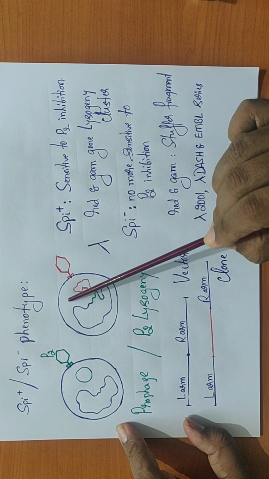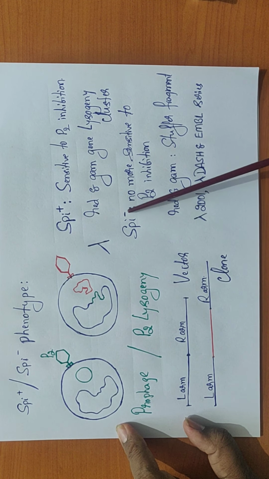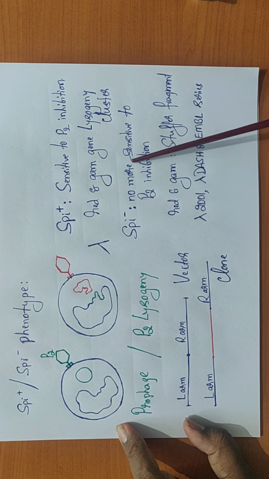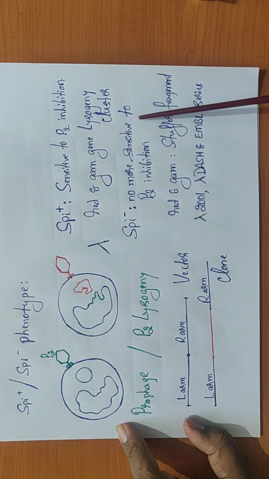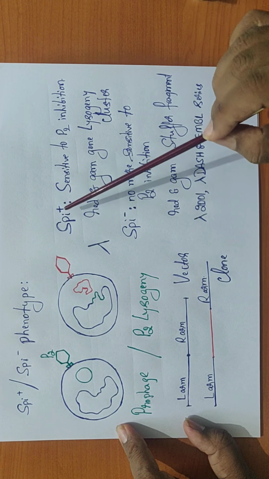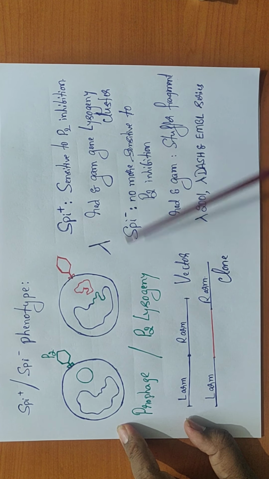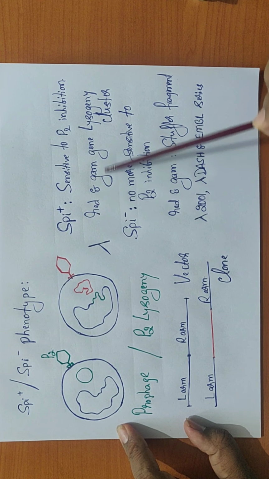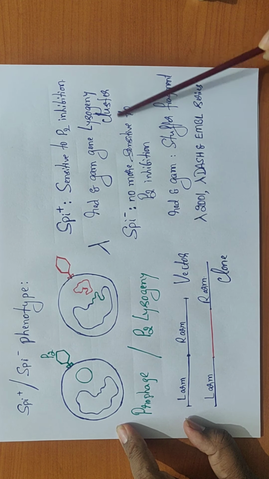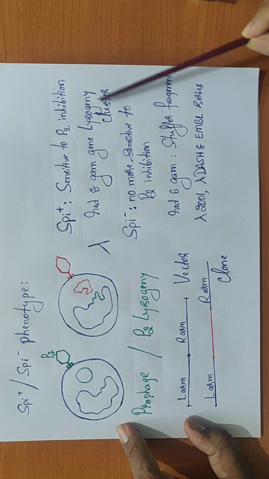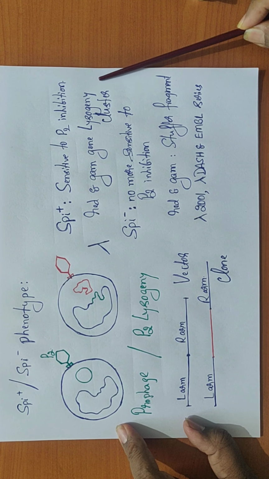That phenotype is called SPI minus, meaning no more sensitive to P2 inhibition. So between the SPI plus and SPI minus phenotypes, the critical element involved is the RED and GAM gene, which is present in the lysogeny cluster of the lambda DNA.